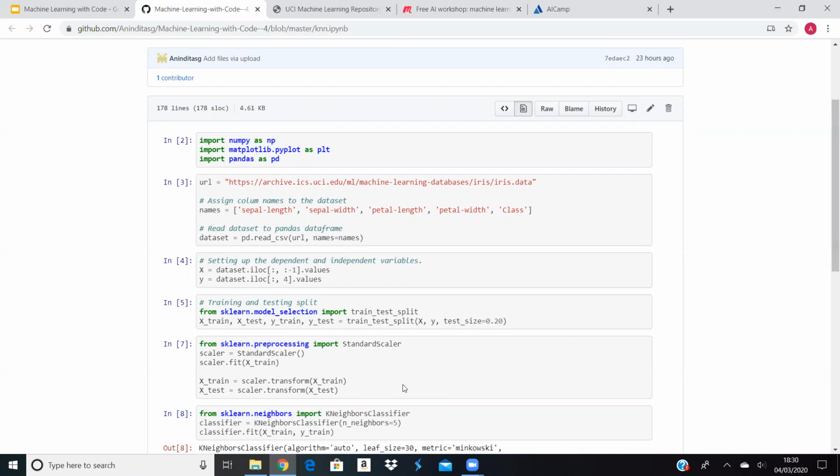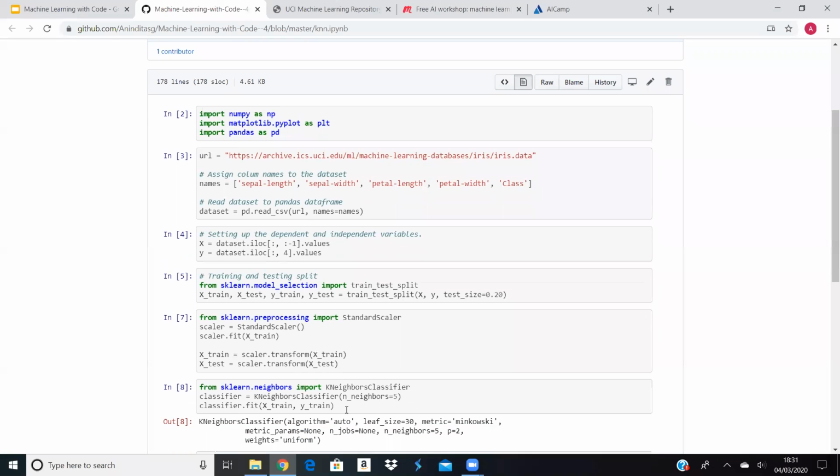Scikit-learn gives us a facility of using the standard scaler, which would actually transform the data for us. We don't need to worry about anything. So we need to use the standard scaler to get normalized data.